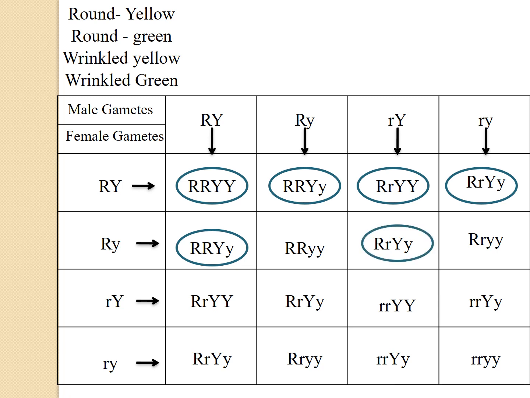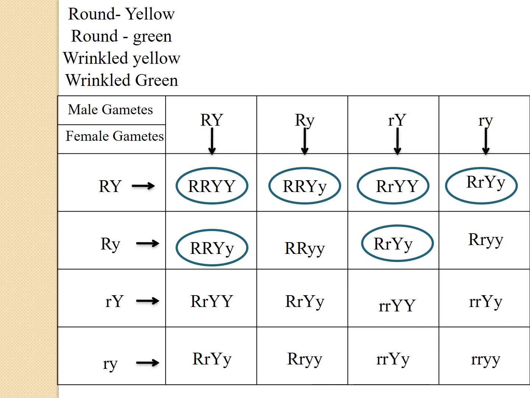Now, why did I leave the second box there? Because even though it has got capital R, it has not got capital Y. I am looking at those boxes which have got both capital R as well as capital Y. That is why I've left that box, because it is going to be round, agreed, but it is not going to be yellow because the yellow gene is not there in it.